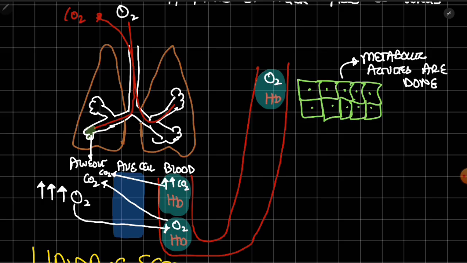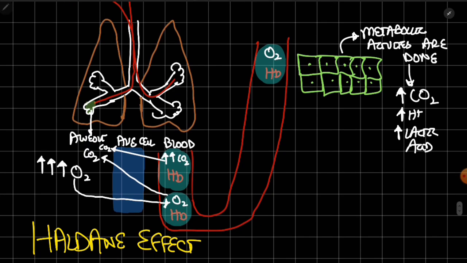So what will happen, there will be increase in CO2, increase in H plus concentration, increase in lactic acid. So what will this do? Yes, you guessed it right. It is the Bohr effect.